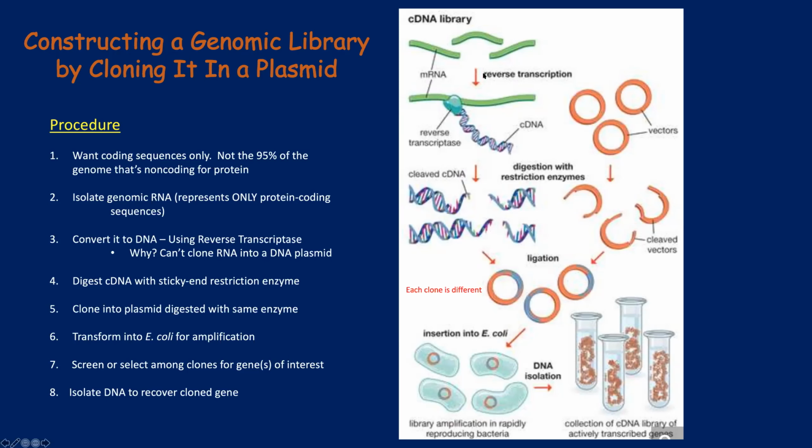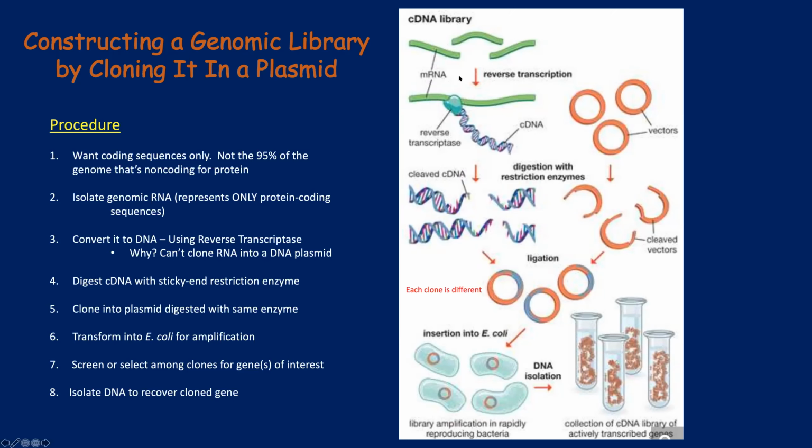Then you remember reverse transcriptase. We talked about this earlier. DNA is transcribed into RNA and RNA into protein, but the first step can be reversed with this enzyme, reverse transcriptase. So RNA can be made back into DNA.